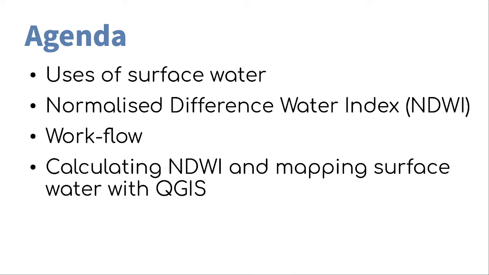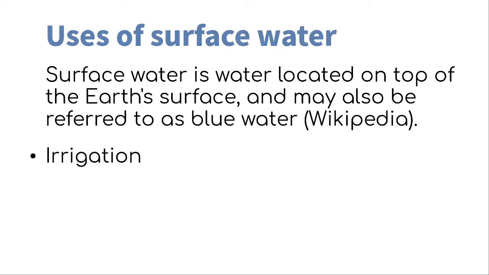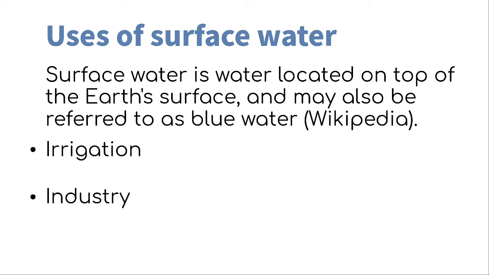Surface water is water that is located on top of the Earth's surface and may also be referred to as blue water. So as far as surface water is concerned, what are the different uses of surface water that we have on Earth? First, we have irrigation. Most of the water on the surface is used for irrigation purposes. Secondly, we have industry. Surface water is used to cool different machinery in industry.